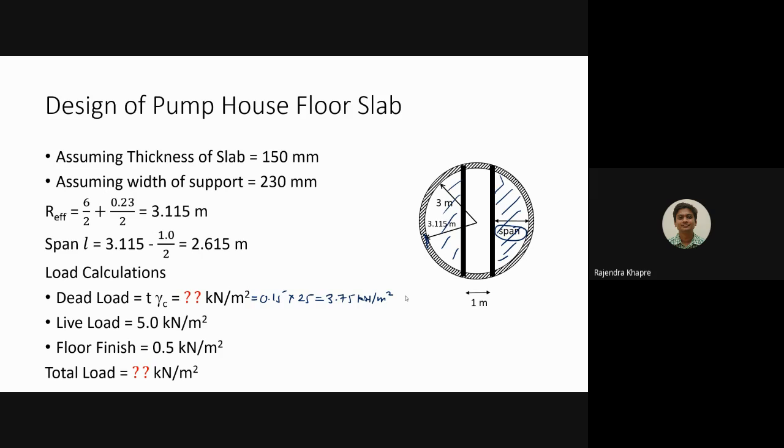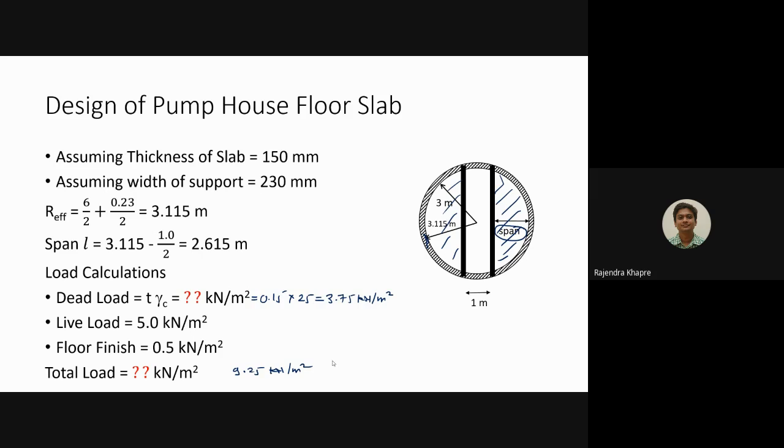So the total load comes out to be 3.75 plus 5 plus 0.5. How much is that? 9.25. So the total load coming on the slab is 9.25 kilonewtons per meter square, which consists of dead load as well as live load.